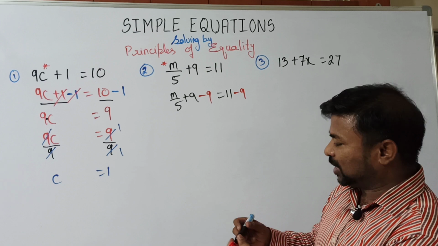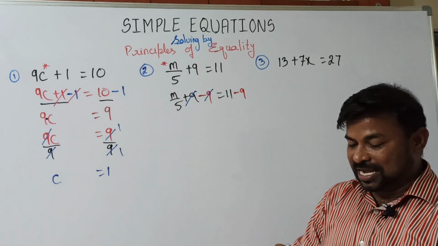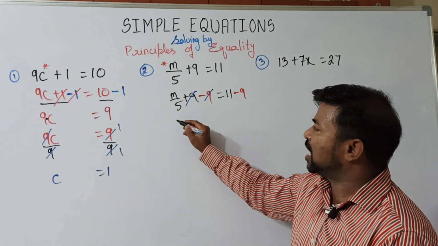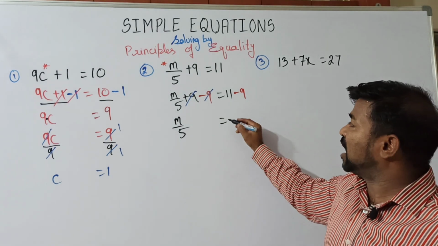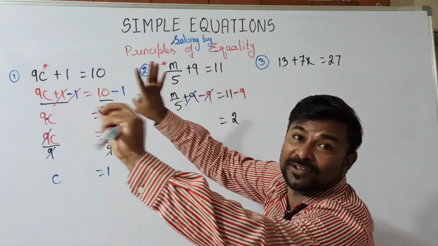Now I can cancel this and this, and what is left over is m/5 = 11 - 9, which is 2. We have removed the far away friend.